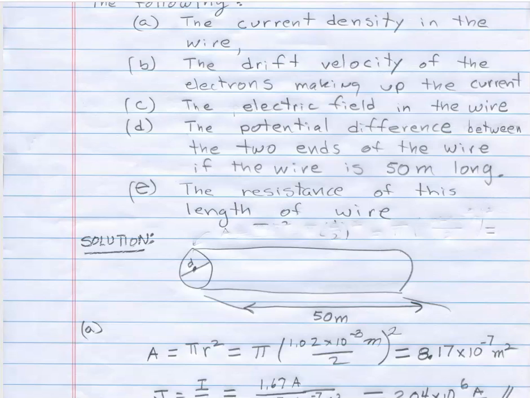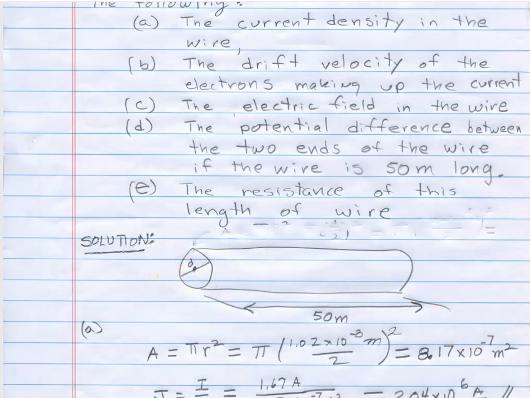There are some preliminaries that you really need to do, and that is from the wire diameter, you need to calculate the cross-sectional area. The area is just the area of this end piece here, across which the current is assumed to be uniformly distributed.